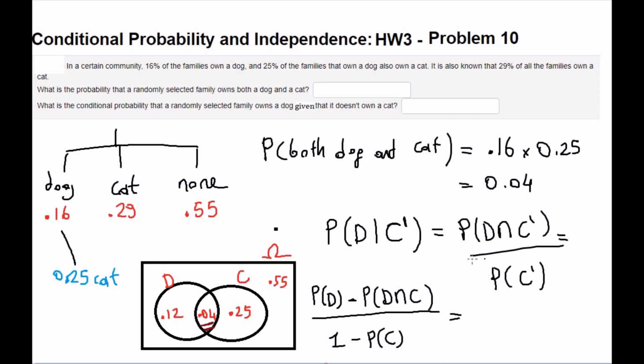So we know that probability of dog is 0.16. We know that their intersection is 0.04, and we know that this is 1 minus 0.29. So the answer is 0.169.